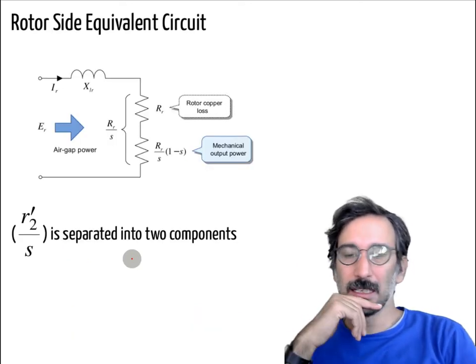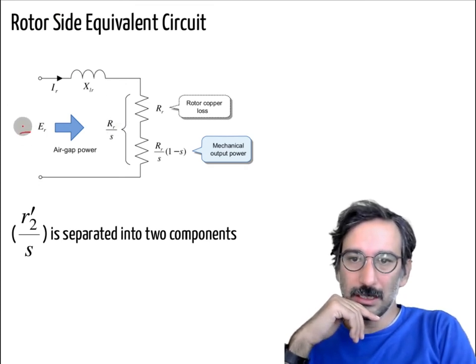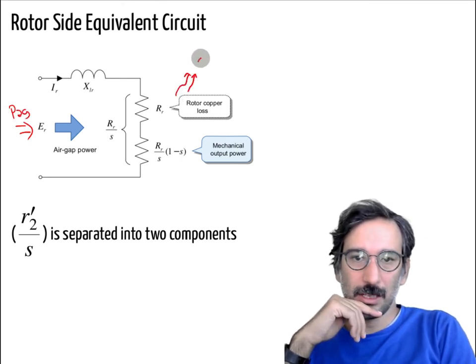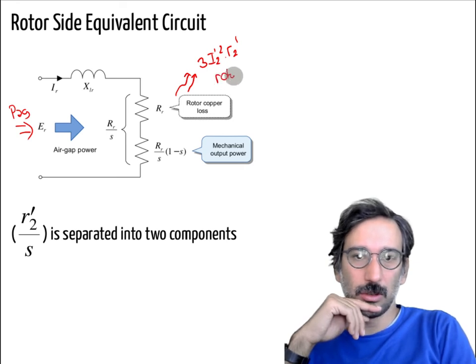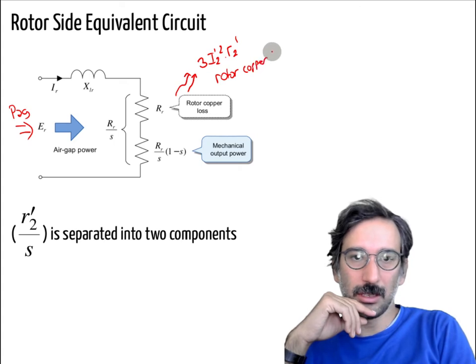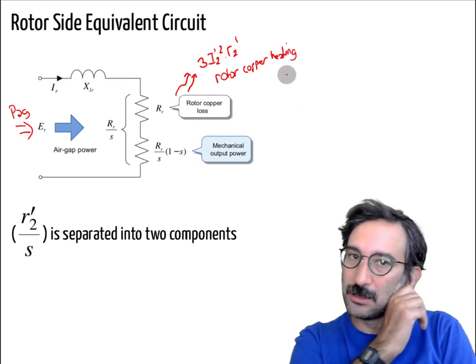So if you put those things together, we have the air gap power coming in, and 3 I2 prime square times R2 prime is the rotor copper loss. It doesn't have to be copper, it can be aluminum as well, but we still call it copper losses.